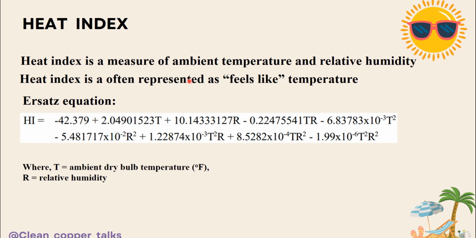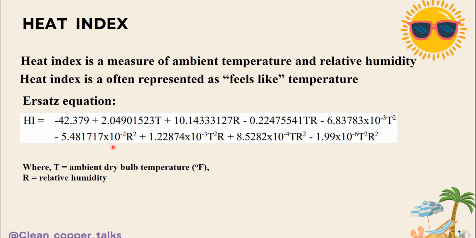Now Rothfusz gave this very simplified or convenient equation which uses only two terms, temperature and relative humidity. This equation may appear very big or complex, but in actuality it is very simplified and easy. Why?